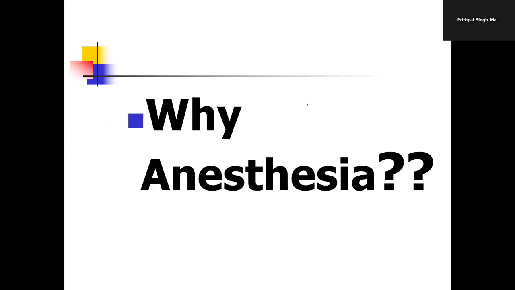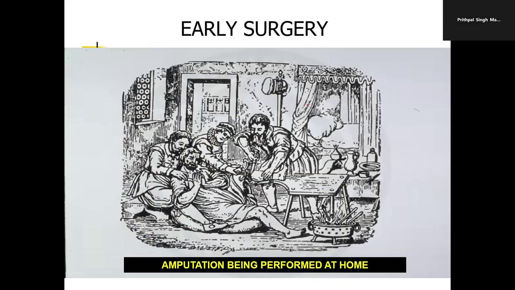So let's take you to a time when we did not have anesthetic techniques. What was the procedure at that time? Let's see this early surgery being performed in the home. And what do you see out here? You see an amputation being performed, and you have two people catching hold of the person, the other person going ahead with the amputation.